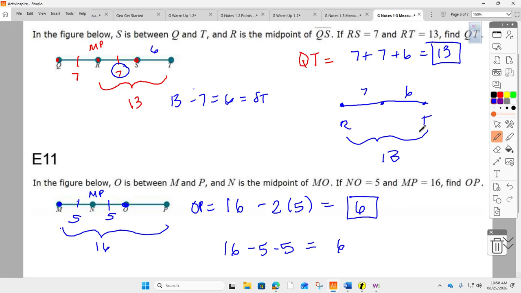Because we look at just this part of the segment to find out how long ST is. Well, we know the whole is 13. We know the part is 7. So the whole minus the part equals our other part, right? So 13 minus that 7 tells us that this length is 6. Cool.